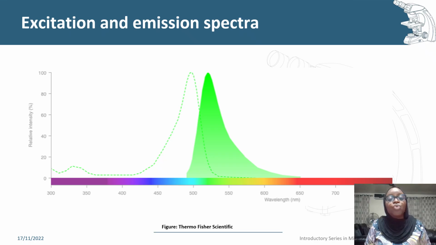Therefore, twice as much light is required to produce the same fluorescent intensity at 450 nanometers than at 500 nanometers excitation. We obviously do not want to waste light when looking at samples. Therefore, the fluorophore will be most efficiently excited using light at the peak of the spectrum.